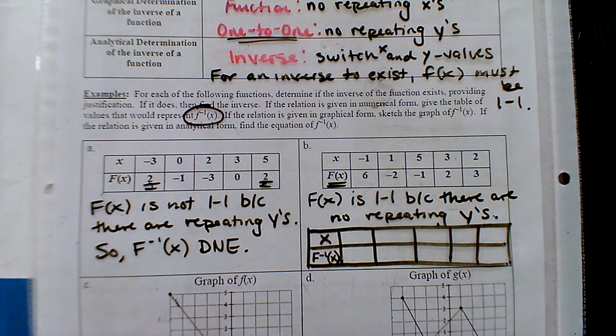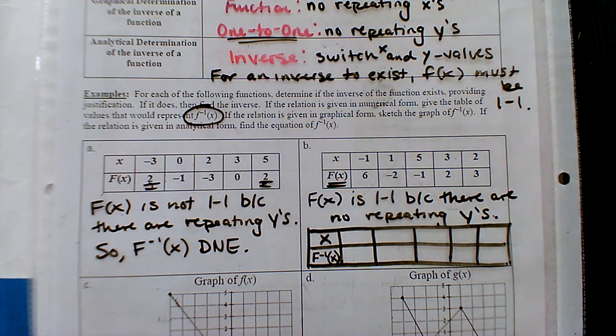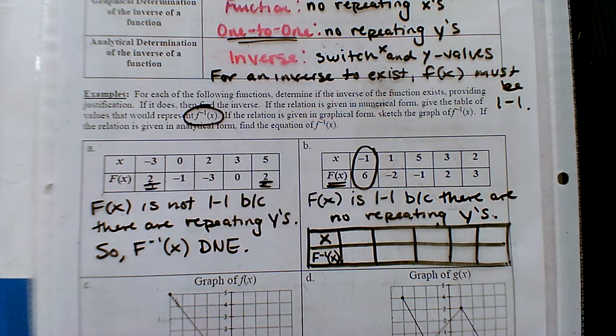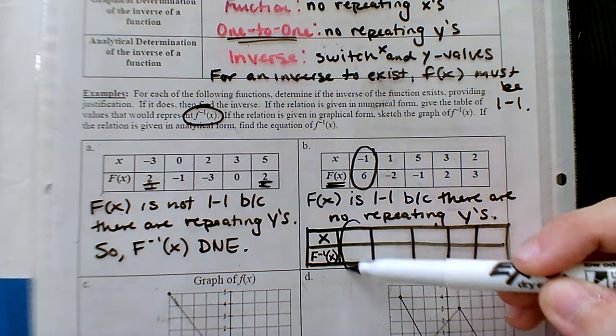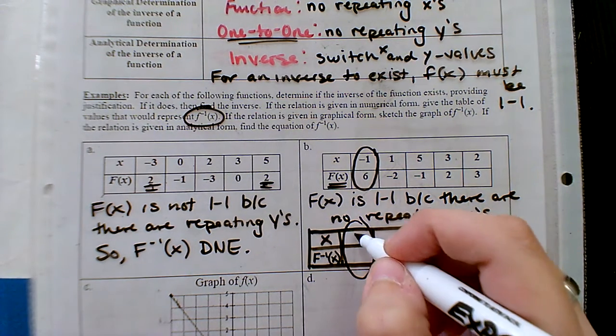If you were to switch the x and y values, can we think about what the inverse table would look like? Maybe we'll start with the first ordered pair, -1, 6. If you were to switch the x and the y, what would the first ordered pair look like in the inverse table? Go ahead, Kyle.